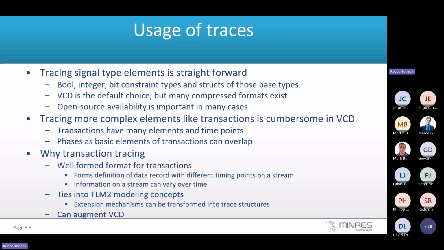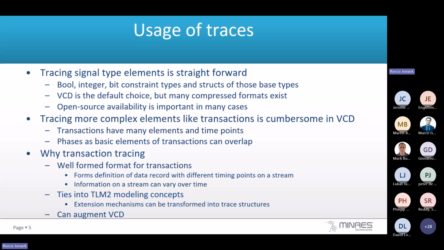There is then, of course, more interesting or more complex data, and for us the first thing is always TLM transactions. Tracing these TLM transactions with some kind of VCD interpretation is pretty cumbersome.